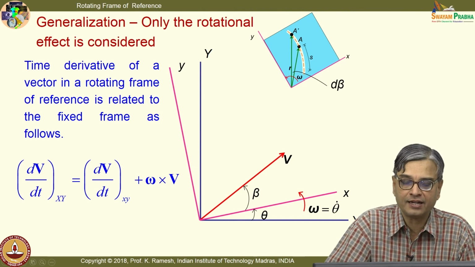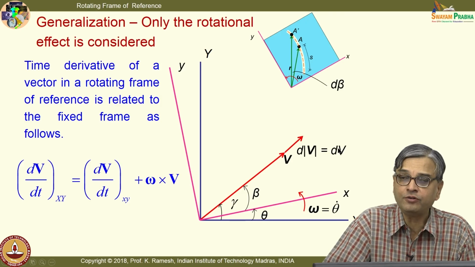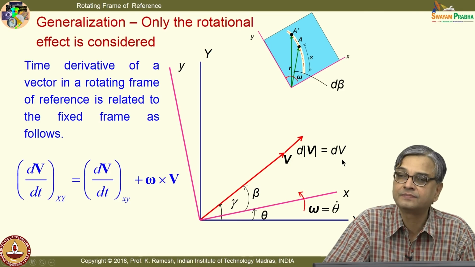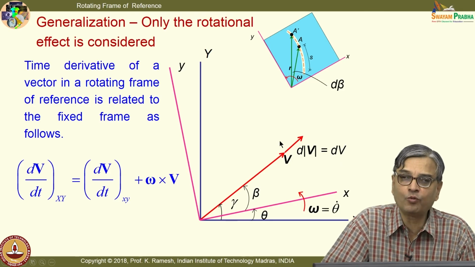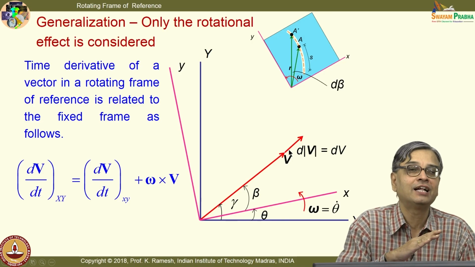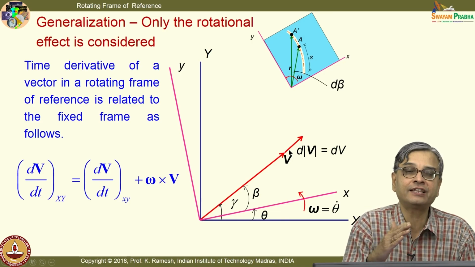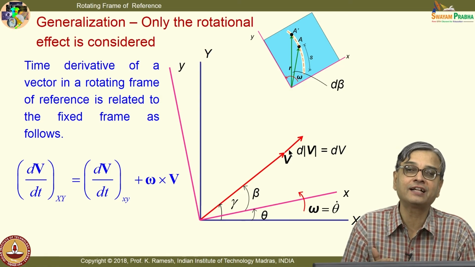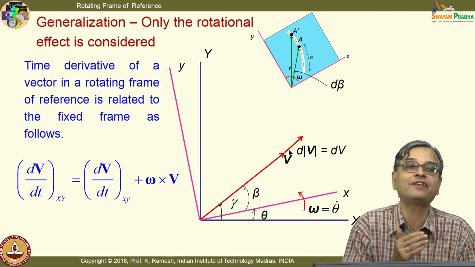So, what is the change in the magnitude? I have a small change in the magnitude. I have put that as dV, and change in the orientation would be perceived by an observer sitting in the rotating frame in one way, observer sitting in a fixed frame in a different manner.